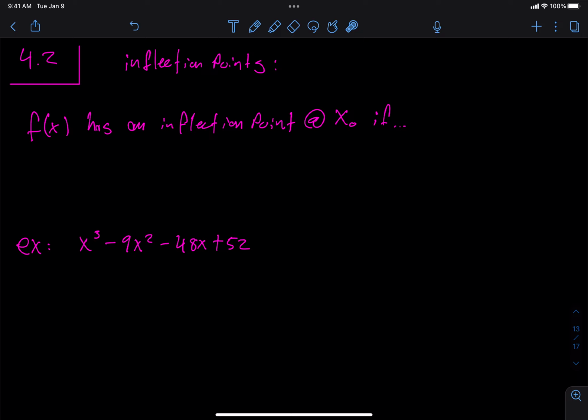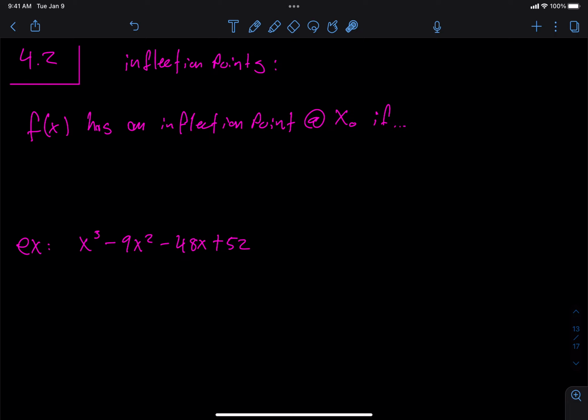So inflection points have to do not with when the function reaches a minimum or maximum, which says something about the first derivative, but instead with the second derivative. When the first derivative changes sign, that means I went from increasing to decreasing or decreasing to increasing, which means I have a minimum or a maximum.